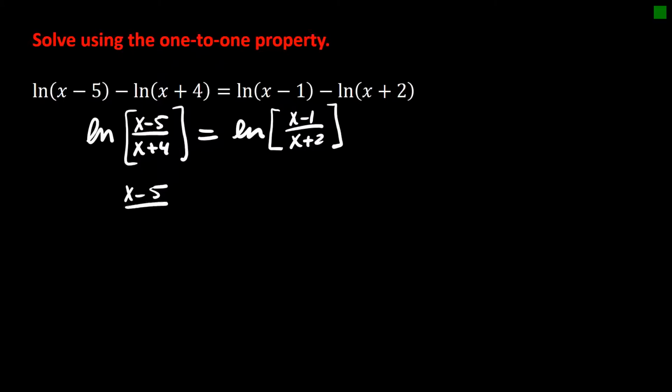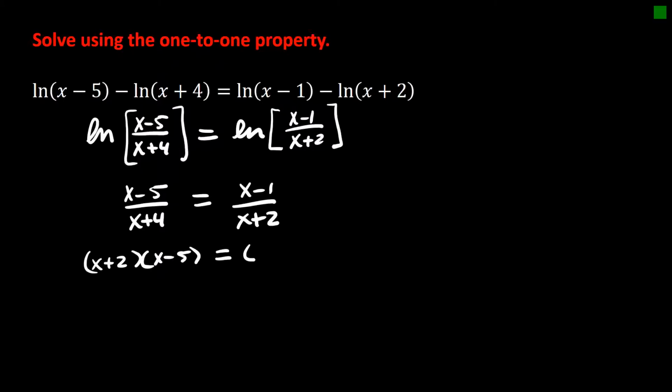Then we can set these arguments equal to each other. (x − 5)/(x + 4) equals (x − 1)/(x + 2). And we can solve this. We can cross multiply to get (x + 2)(x − 5) equals (x − 1)(x + 4). If I use FOIL on both sides, on this left-hand side, I get x squared minus 3x minus 10.